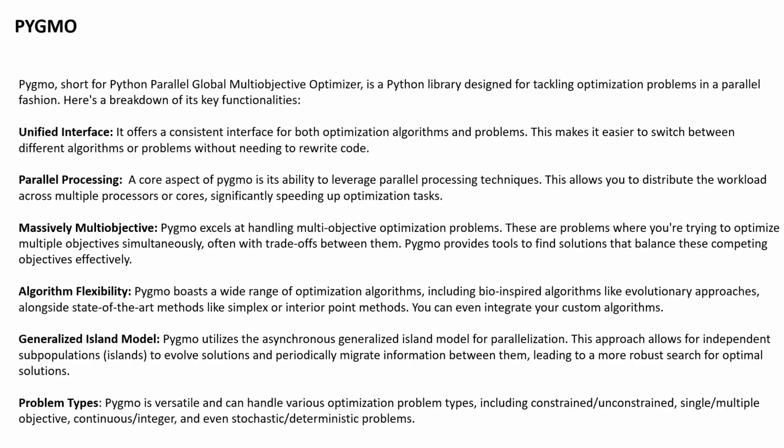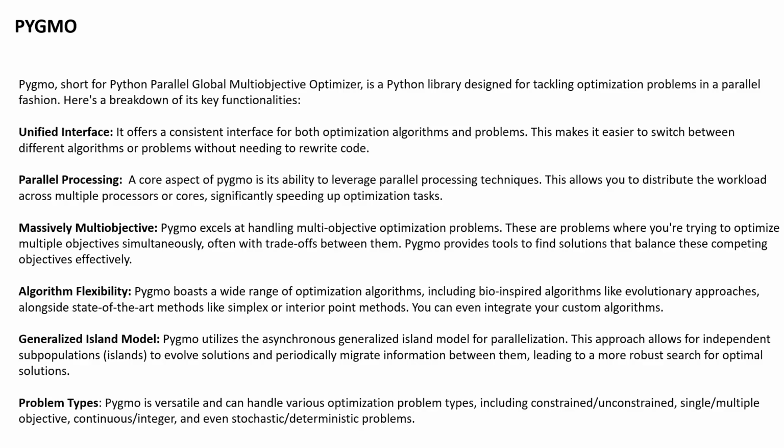Another thing is it can handle multi-objective optimization. In most cases you won't have a single objective or a single fitness function. You'll have five or six constraints and equations together in the fitness function as well.